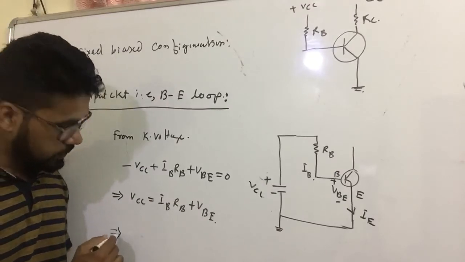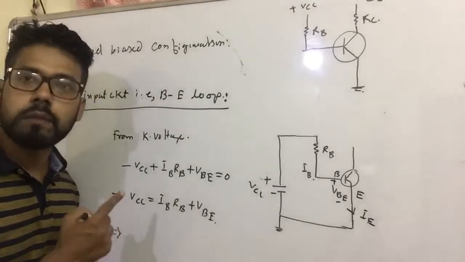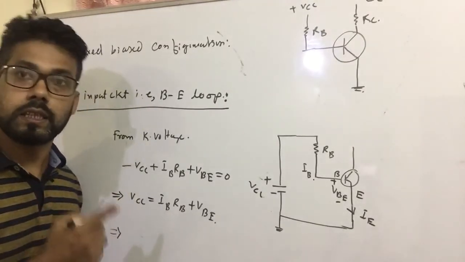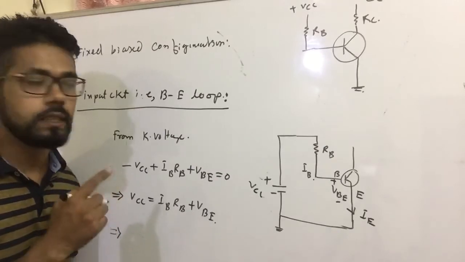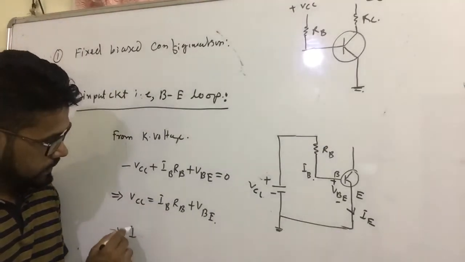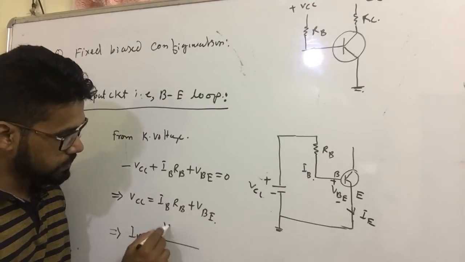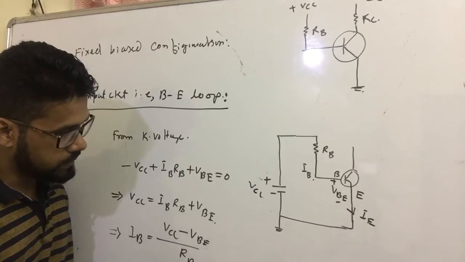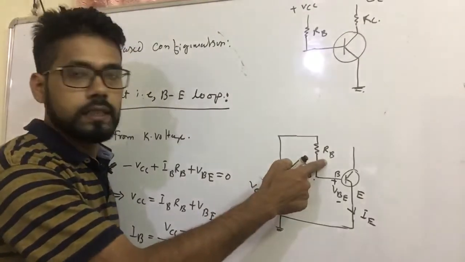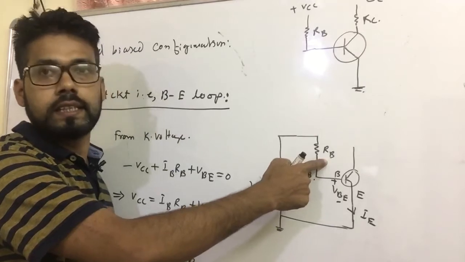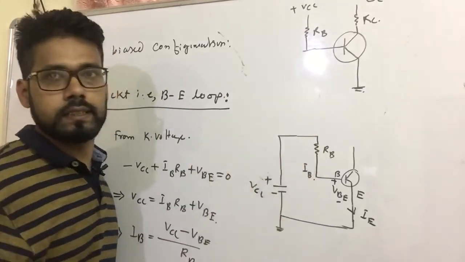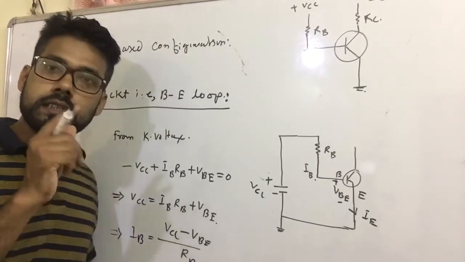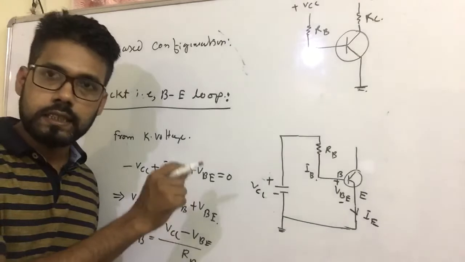From this equation, what is the aim of this equation? The aim is to calculate the possible input current of the input circuit loop. IB equals VCC minus VBE divided by RB. Do not confuse: RB is the external input resistance. It is not the input resistance of the circuit.